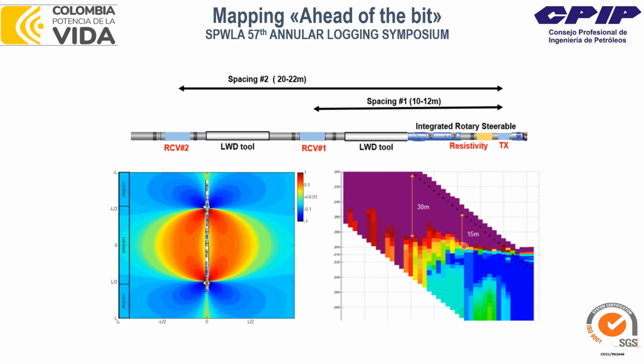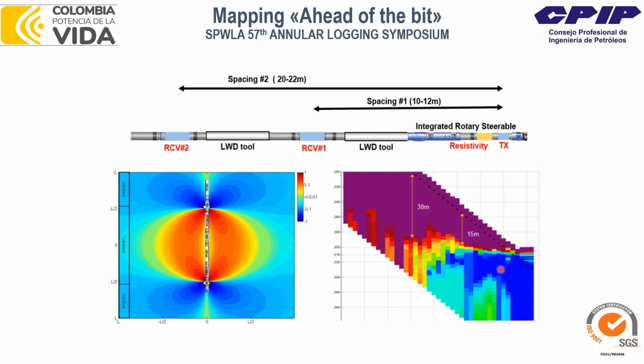From 15 meters, we are not only accurately picking the depth of the layer, the properties also start to be more accurate, right? Because when we go close and cross it, we see that the actual properties are here, in this blue color, which is the low resistivity value.